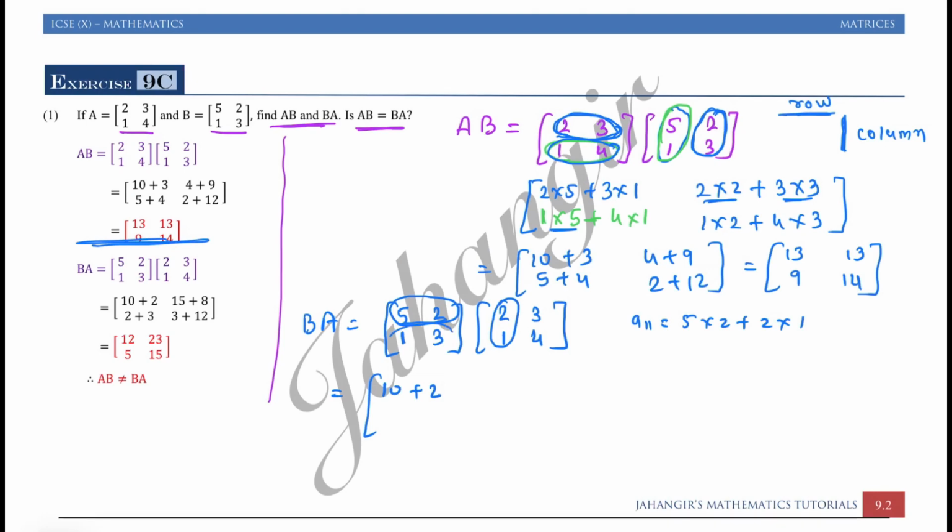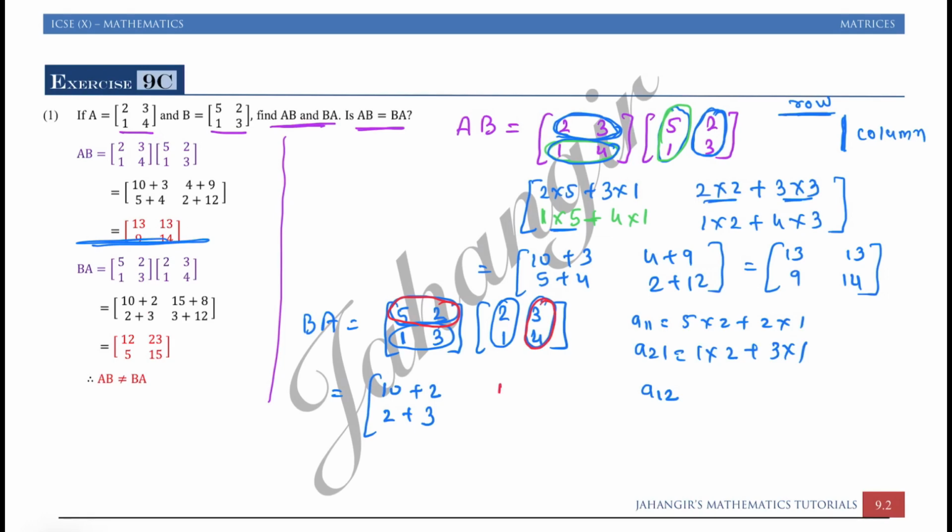Then second row, first column. Second row is 1 into 2, 2 plus 3 into 1. See, it's here 3 into 1 here. 3 ones are 3. Now, first row, second column. Now we will multiply both rows. First row is this 5 and second column is this.